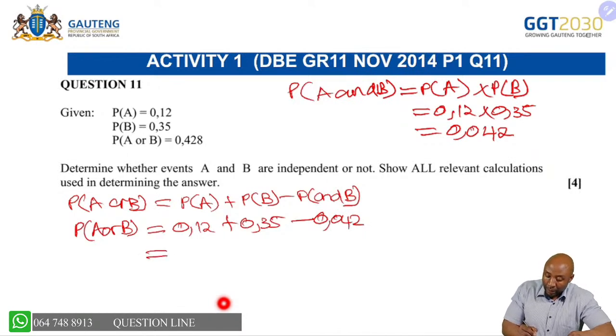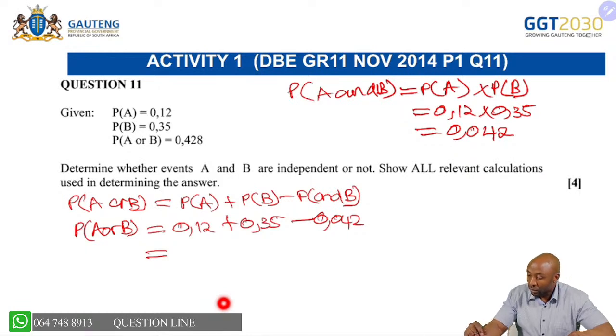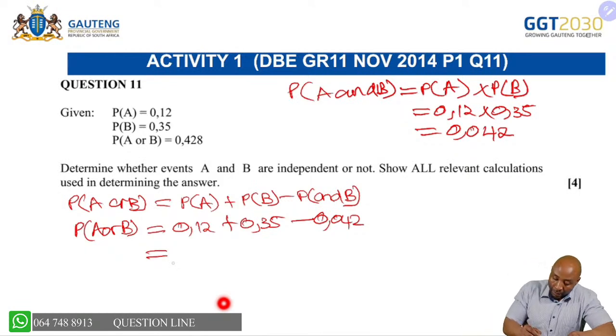So this becomes 0.12 plus 0.35, and that one will give us 0.47. So we're having 0.47 minus 0.042, and that gave us 0.428.